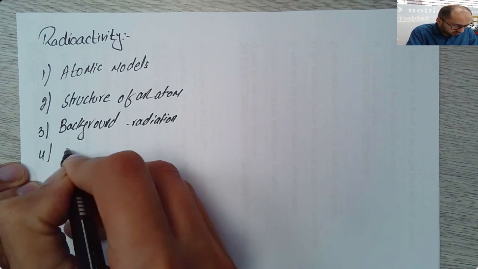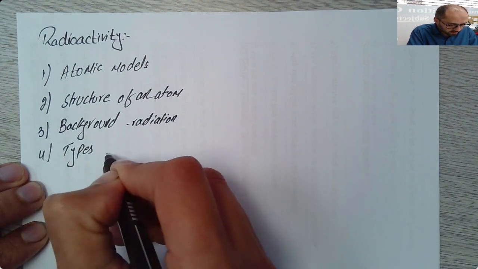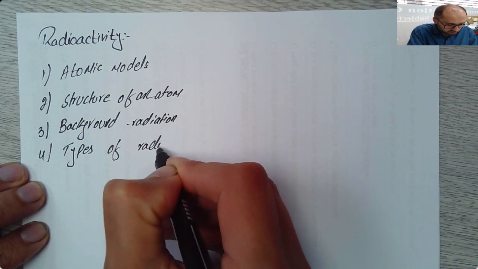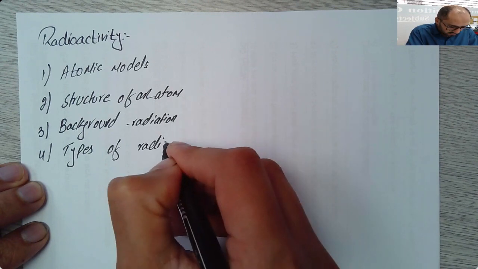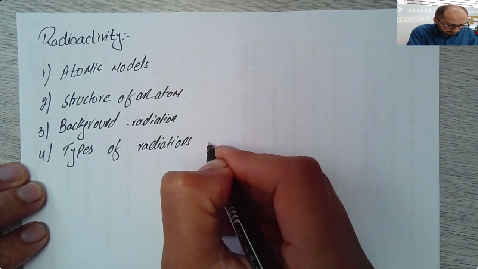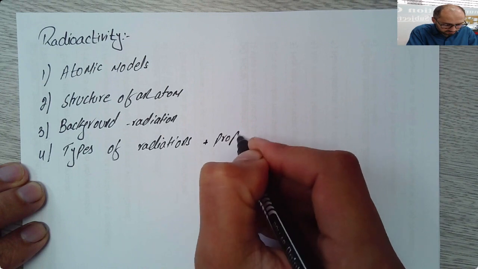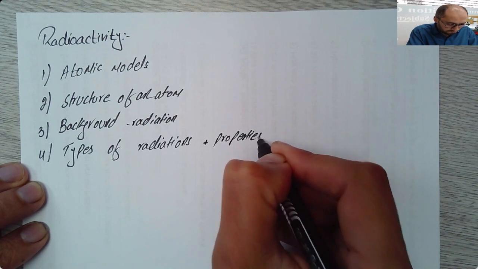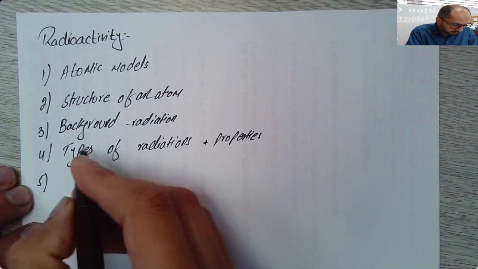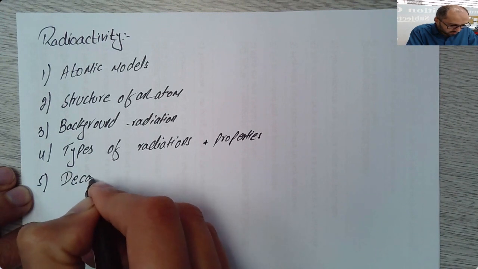Number 4, you will need to know about types of radiations plus their properties. Number 5, you will need to know about decay equations.